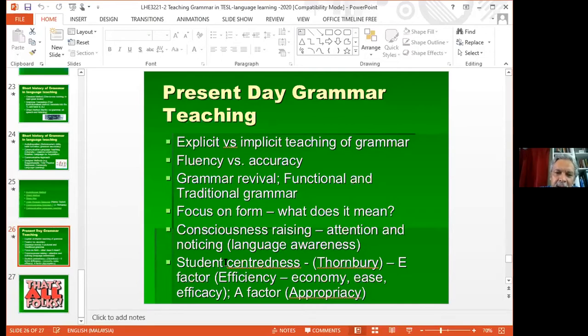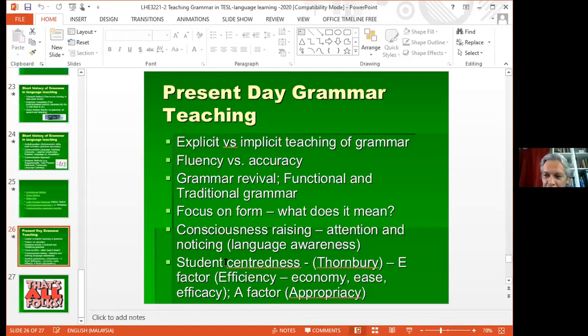But generally, what has happened right now is there's a lot more student-centeredness. Student-centeredness has to a large extent taken over how we teach, right? And according to Thornbury, there are things like efficiency, the E factor, in terms of economy, how quickly, because we don't have a lot of time to teach something.